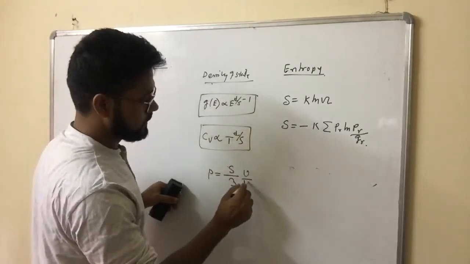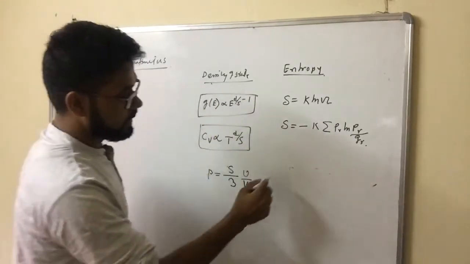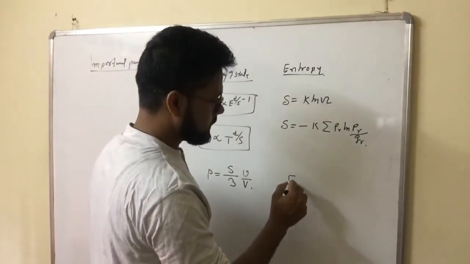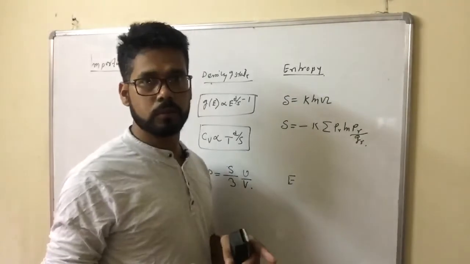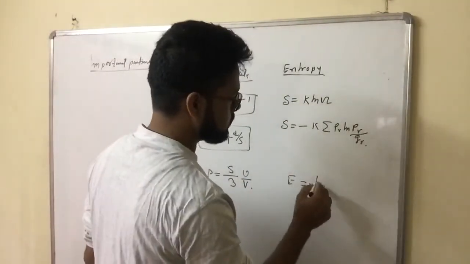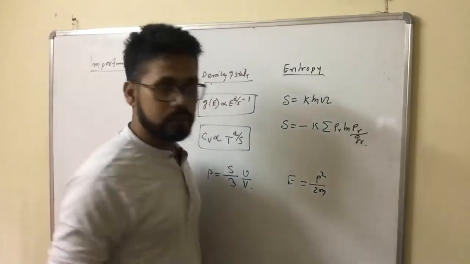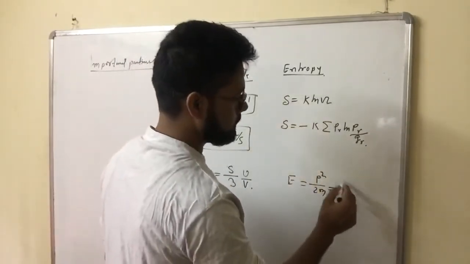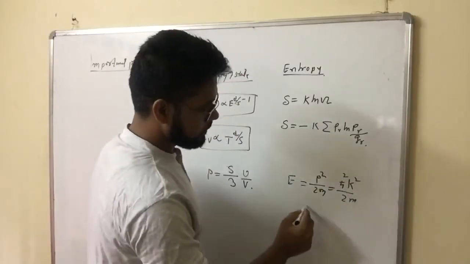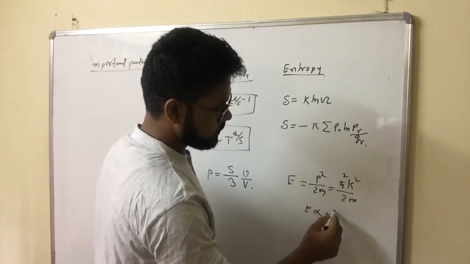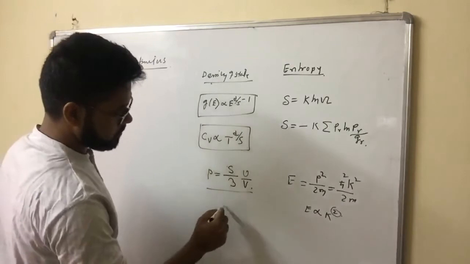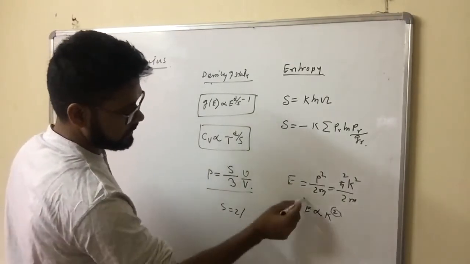This is the general relation. When we encounter a classical ideal gas following Maxwell-Boltzmann statistics, or Fermi-Dirac statistics in the non-relativistic case, we replace the energy by p squared by 2m, so E = h-bar squared k squared by 2m. So the dispersion relation E is proportional to k squared, and 2 is the number. So in this case s equals 2.